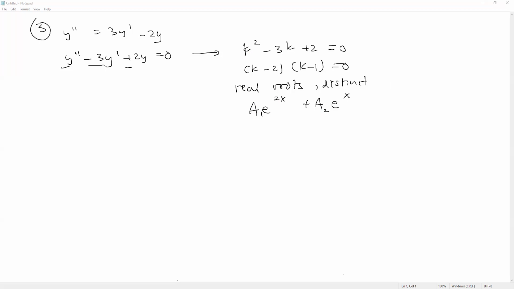If there are some other roots, we're going to have a number 3, etc. So here we have the answer is going to be a1 e to the power of 2x and a2 e to the power of 1x, or just x.